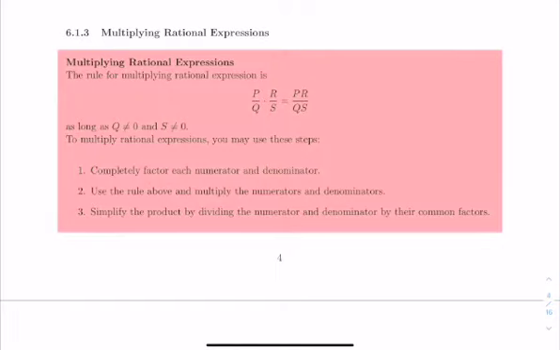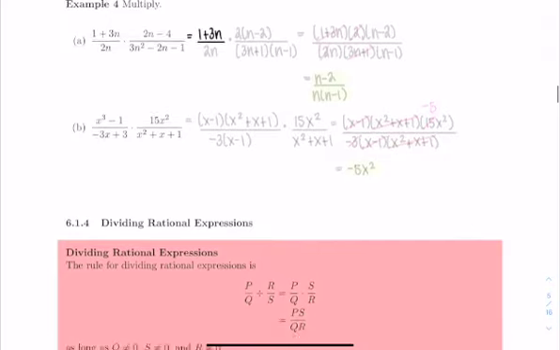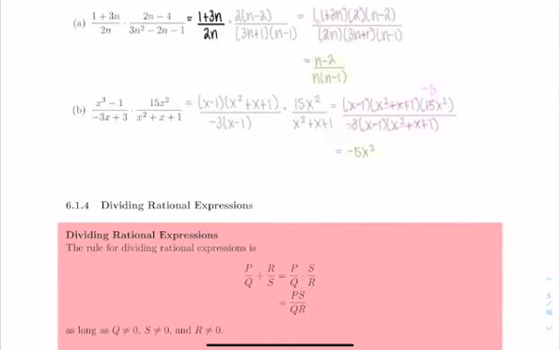So let's look at example number 4. Our first rational expression is as simplified as it gets. I really can't factor anything on the top and bottom. But the second one on the top, I can pull out the GCF of 2, and I'm left with n minus 2. And the bottom can be factored, and this becomes 3n plus 1 times n minus 1.